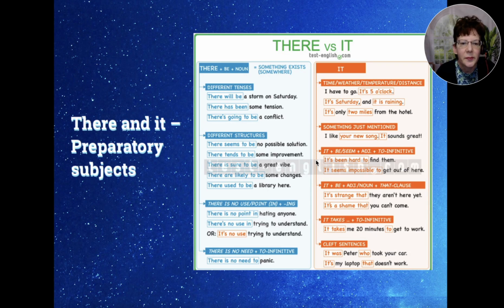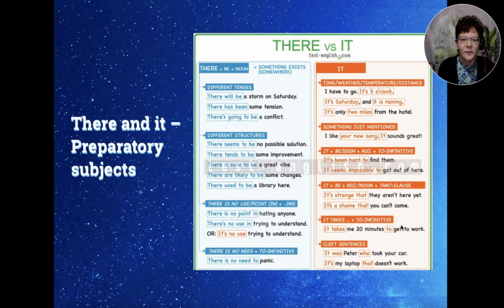It plus be or seem plus an adjective and then to infinitive. For example, it's been hard to find them, right? Or it seems impossible to get out of here. And then we've got it plus be, an adjective or noun plus a that clause.